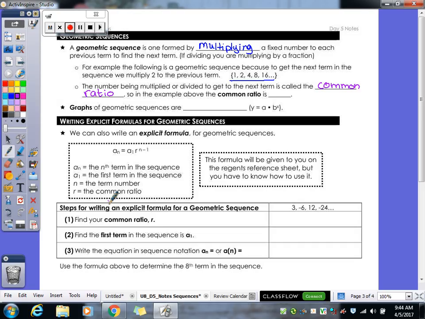So in my example up there, my common ratio is 2, because that's what I'm multiplying times each time. Graphs of our geometric sequences are exponentials. They look a lot like your a times b to the x that we've been working with this unit.